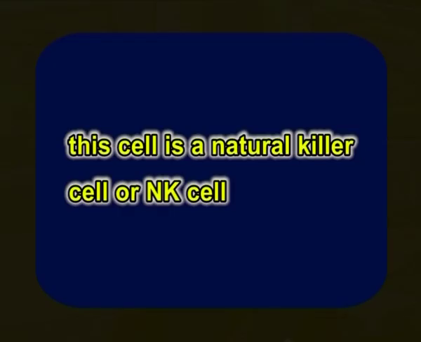This cell is a natural killer cell, or NK cell for short. When the NK cell finds a cell displaying fewer than the normal MHC molecules, it releases toxic substances in a similar way to cytotoxic T cells, which kill the virally infected cell.